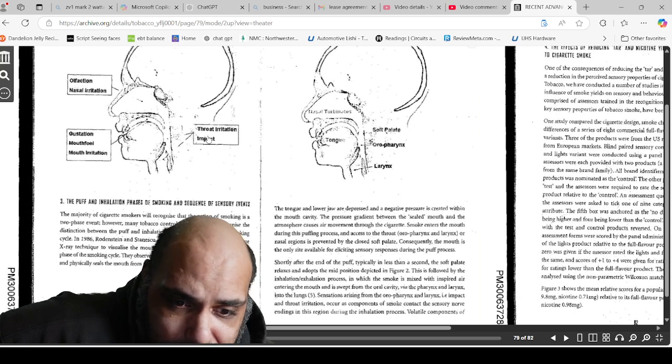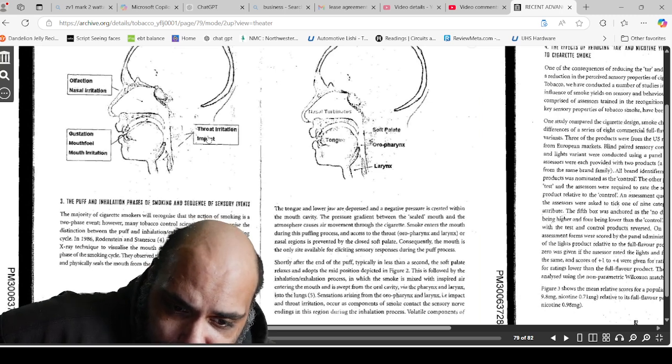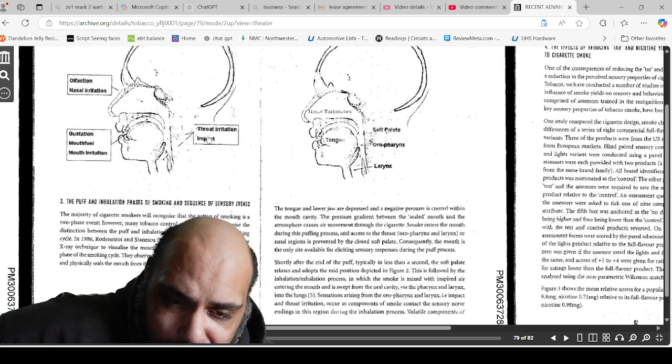Consequently, the mouth is the only site available for eliciting sensory response during the puff process. Shortly after the end of the puff, typically in less than a second, the soft palate relaxes and adopts the mid position indicated in Figure 2.